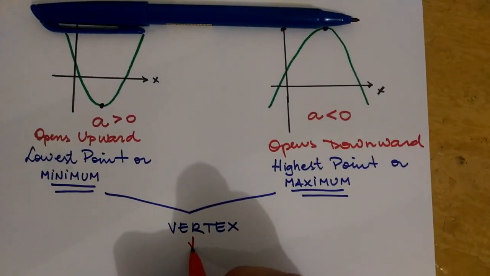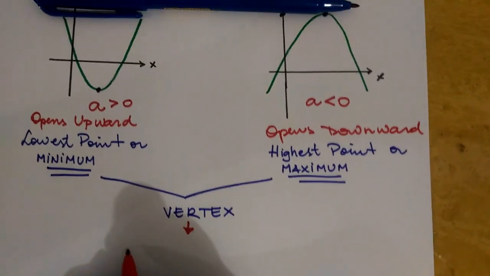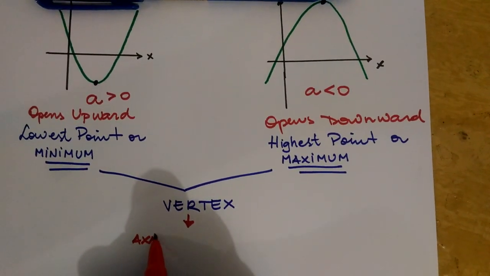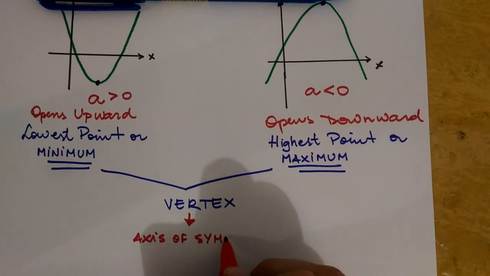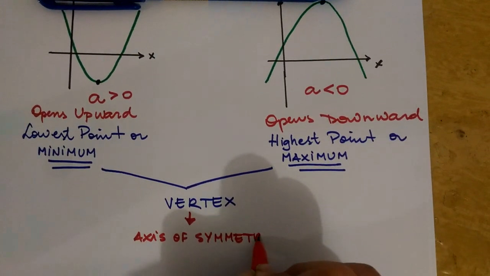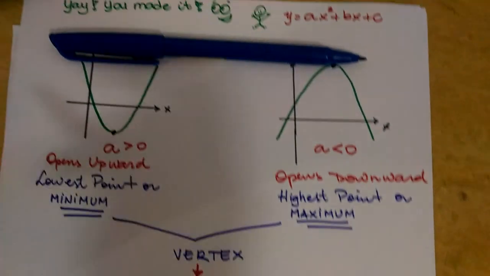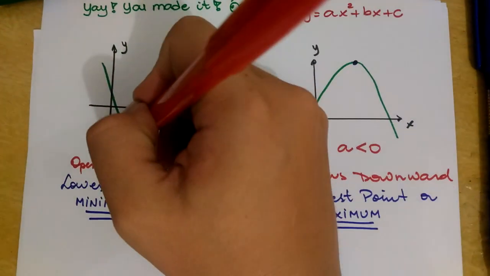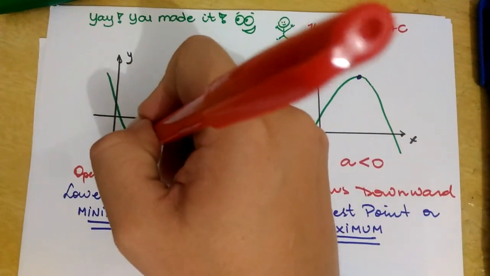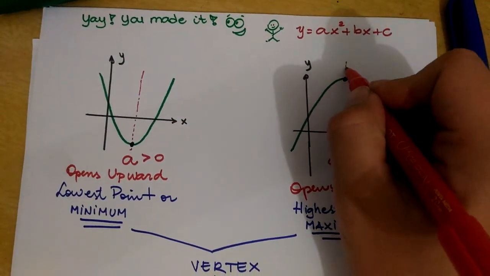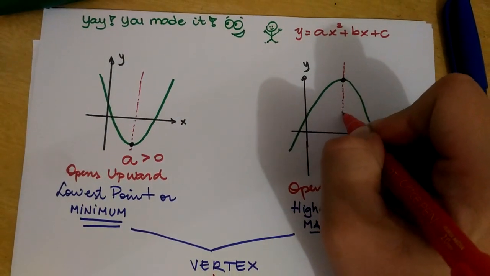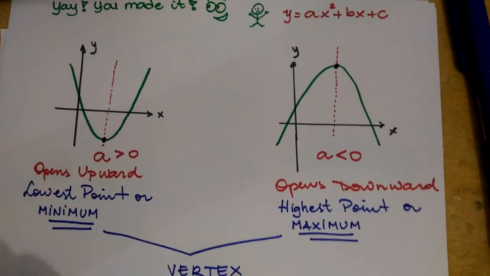And through that vertex, we're going to have an axis of symmetry that passes through it. What would that be? It is a vertical line.